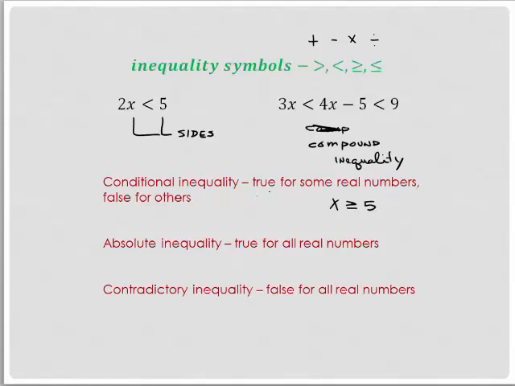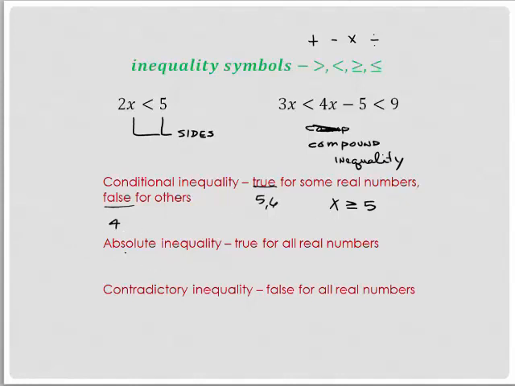So it's true for any number 5 and above. But if I were to use 4, 4 is not greater than or equal to 5. So it's false for others. So it's true for some numbers, but false for others.